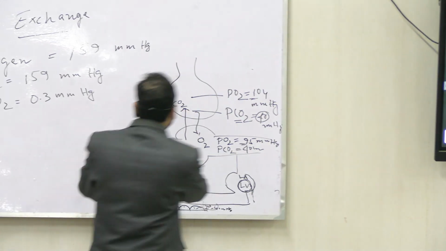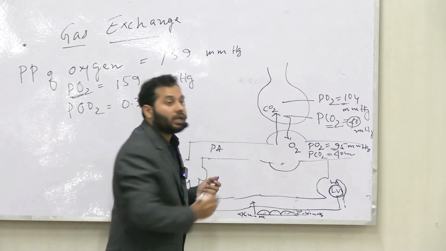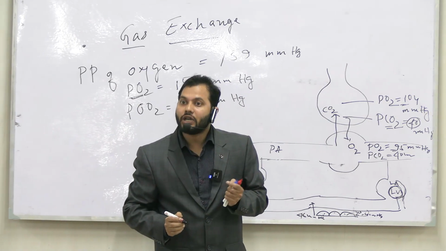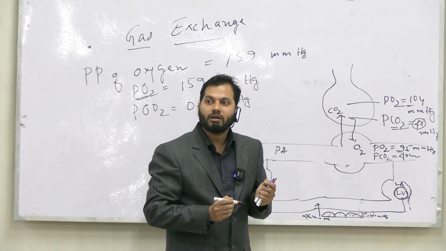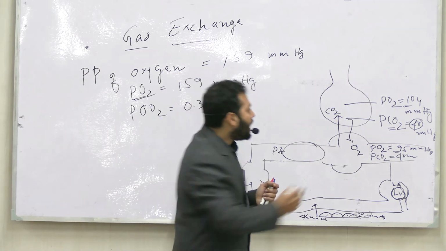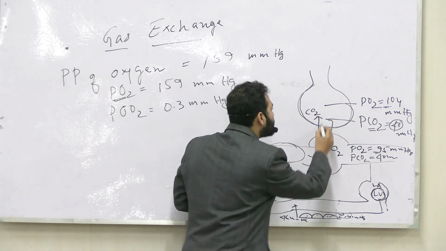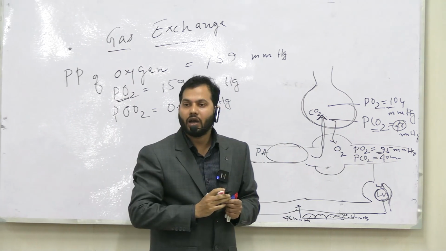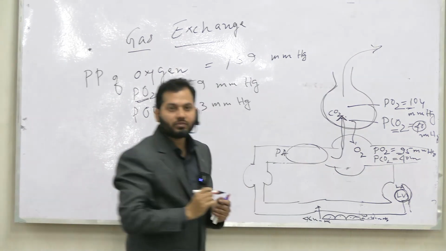So here, this is the pulmonary artery that carries the deoxygenated blood, and again, due to the pressure difference between this artery and the alveoli, the oxygen molecules return back to the alveoli to be removed from the lungs.